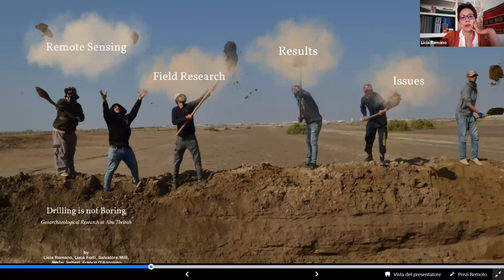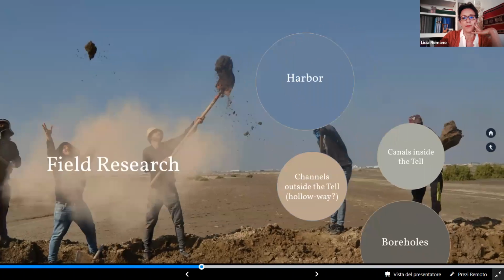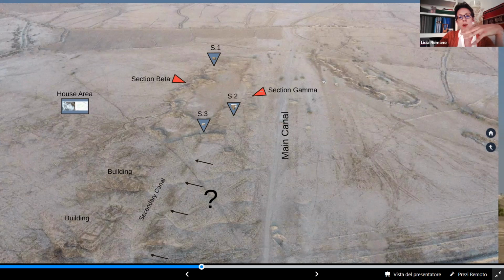So let's move to our field research and what we did at the site. First, we investigated the harbor, and the basin, as you can see, is connected to the main canal in the site. We suppose that the water flowed from the main canal inside the basin and then to the secondary canal.